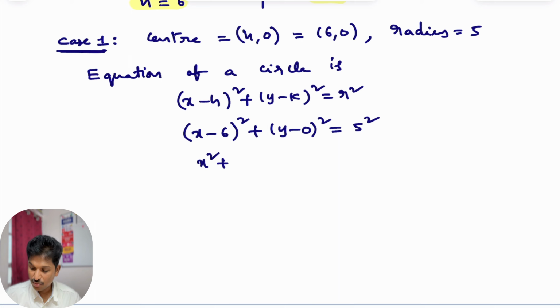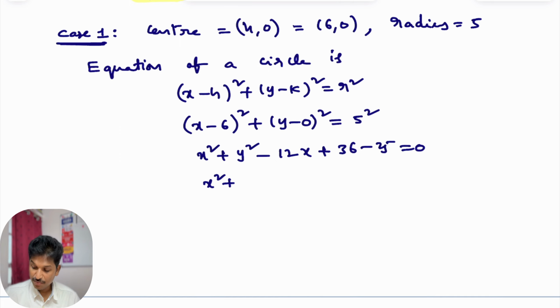You simplify this, what you will get? x square plus y square minus 12x plus 36 minus 25 equal to 0. If I simplify this, x square plus y square minus 12x plus 11 equal to 0. This is the circle equation whose center lies on x-axis and which passes through the point 2, 3.